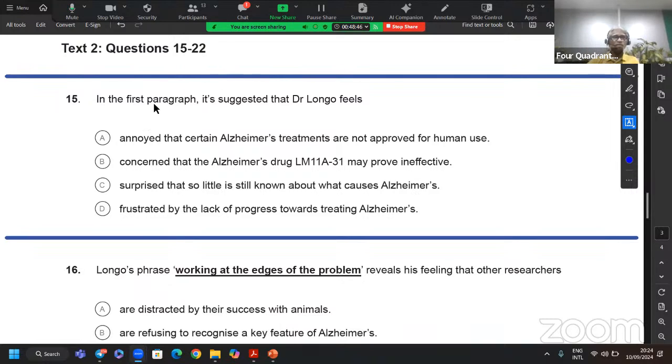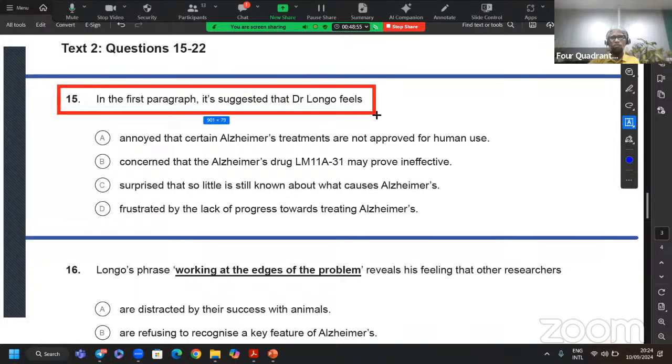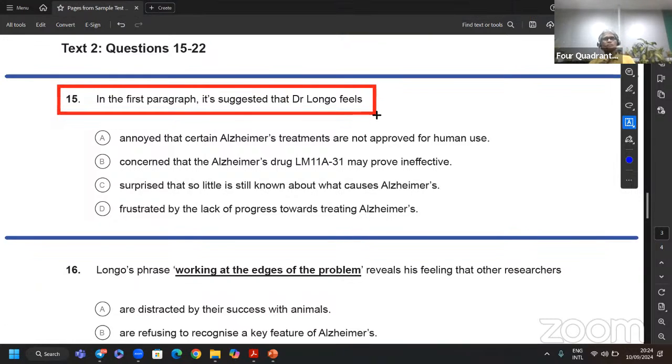Now let us see. This is the question here. Let us focus on this particular area. We are focusing only on this one. This is the question. Now there is a pointer which is helping you. That is called the introductory or background in the first paragraph.